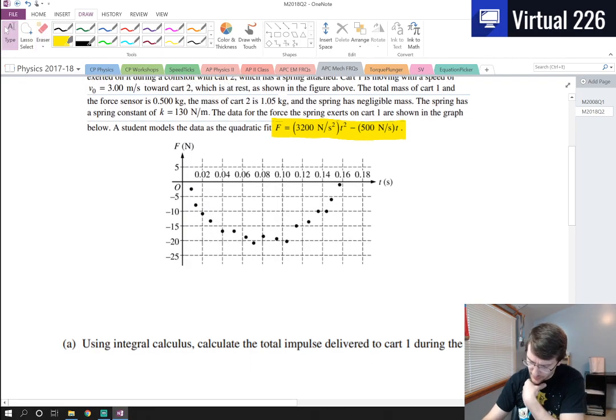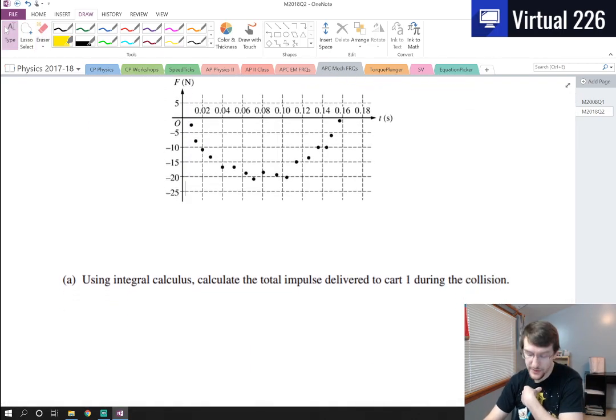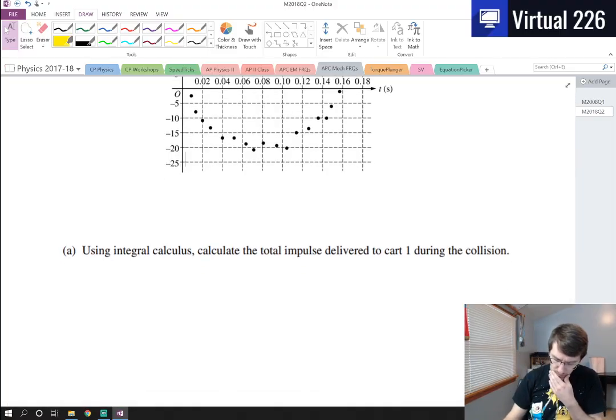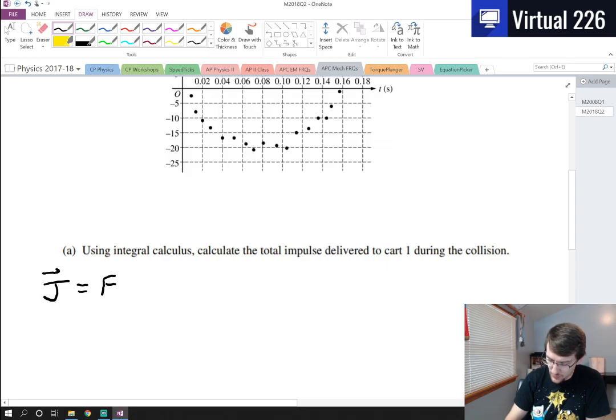What we're asked to do in part A is, using integral calculus, calculate the total impulse delivered to the cart during the collision. Well, to begin with, we can remember that in general, an impulse is just a force multiplied by some amount of time.